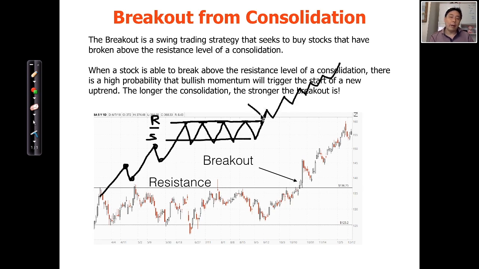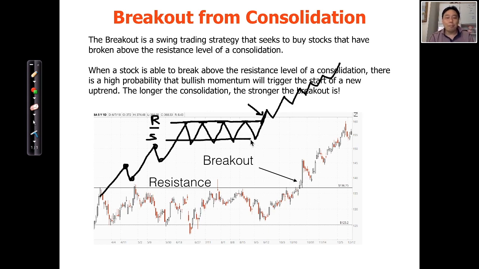And this is the point where many traders would like to get into that stock to catch the new trend, to catch the new bullish momentum after it's been resting for a while. I like to use the metaphor of a person who was in a prison for a couple of months or years, and eventually he breaks out of the prison, right? He starts running, right? And you want to get him while he's starting to run away.